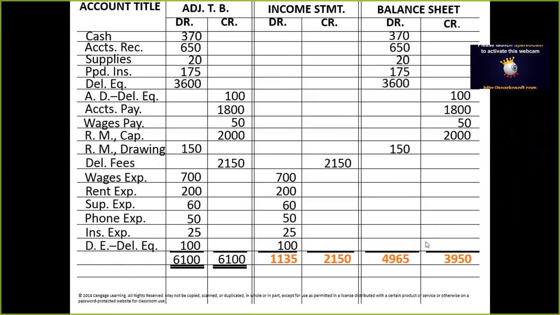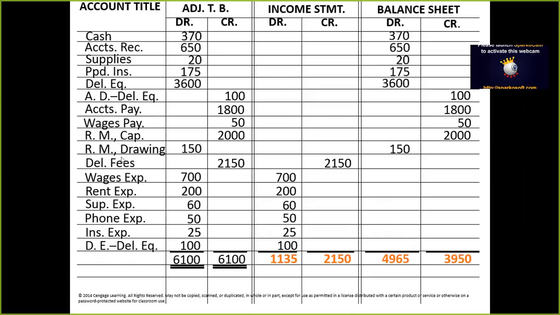Let's go back. So real quick, what did we do? On our fourth step, we moved all these accounts either to the balance sheet columns or to the income statement columns. Which ones move to which? All of our asset, liability, capital and drawing accounts will move to the columns that say balance sheet.